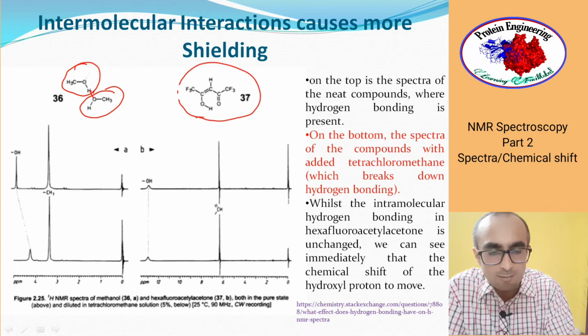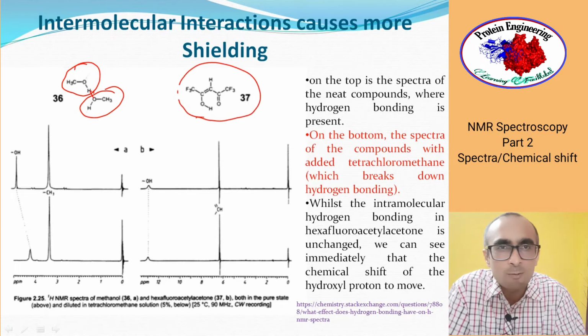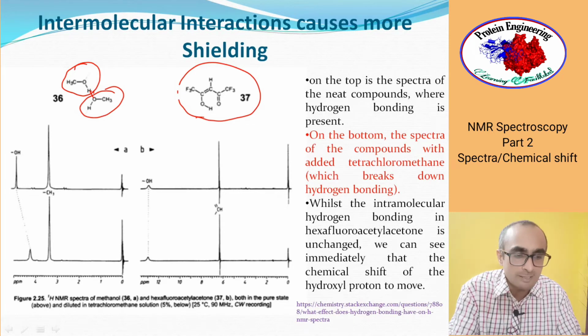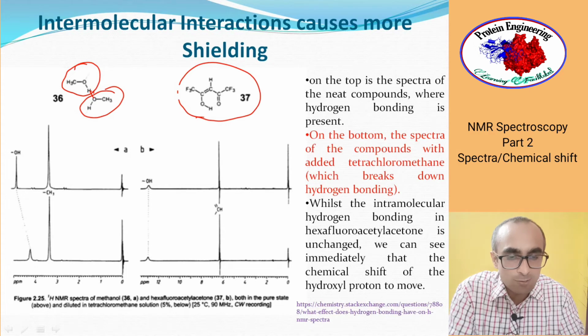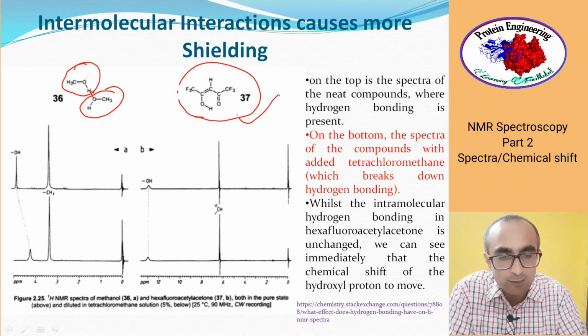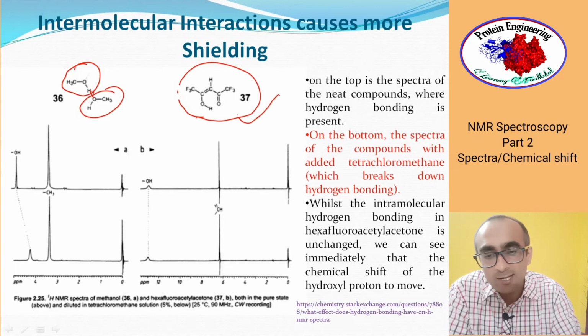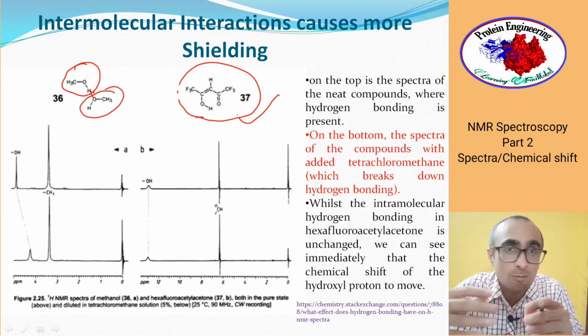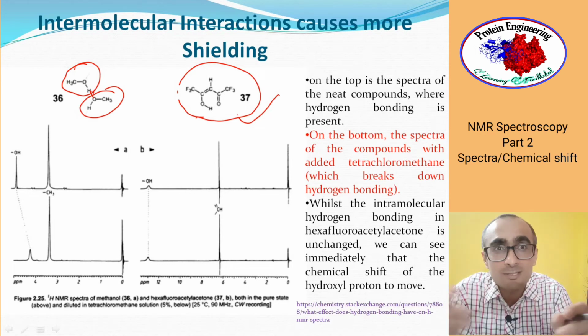The difference is that both these compounds have intermolecular hydrogen bonding, but if you add carbon tetrachloride, the intermolecular hydrogen bonding of hexafluoroacetylacetone is not disrupted, whereas hydrogen bonding between methanol molecules is disrupted by addition of CCl4.